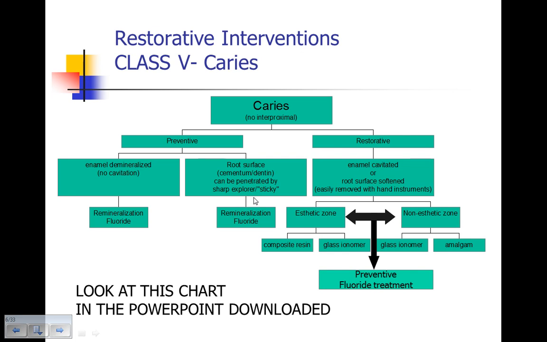Once again, our intervention is remineralization with fluorides. As the enamel becomes cavitated or the root surface becomes extremely softened, we're then going to use restorative interventions with restorative materials, and we'll look at the restorative materials that we can use, from composite resins to glass ionomers to the use of dental amalgam.